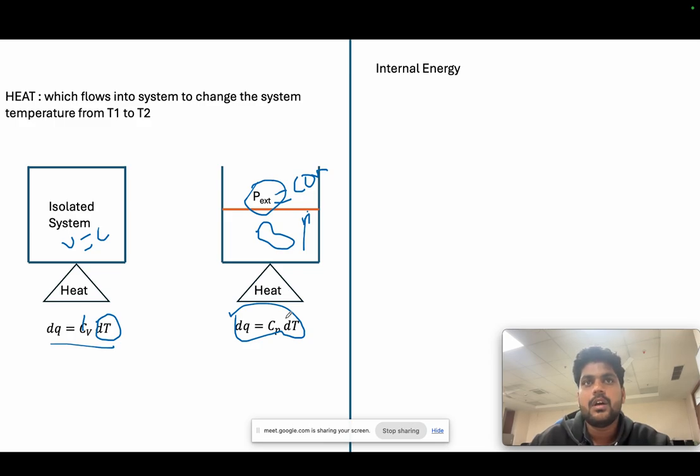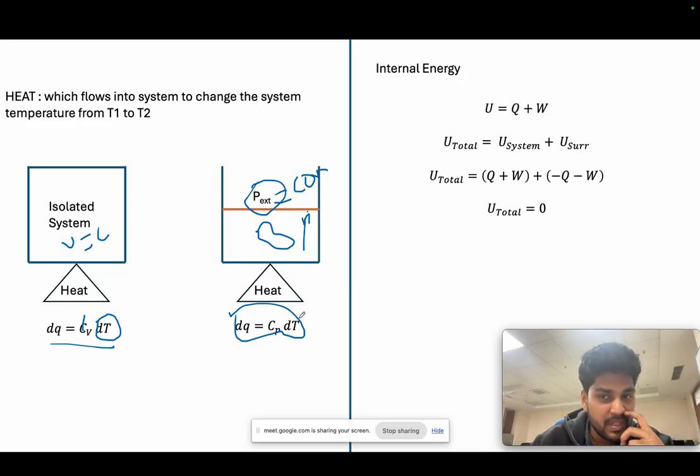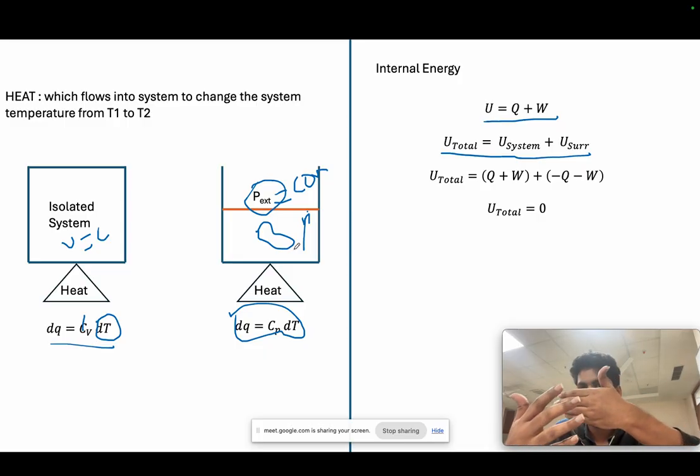So we have work and heat, and now the internal energy. We are applying this to systems and surroundings. So basically U equals Q plus W. If I say U total equals U system plus U surroundings, then if you remember the first class, there is a boundary between the system and the surroundings.